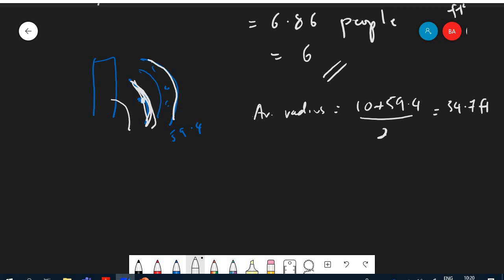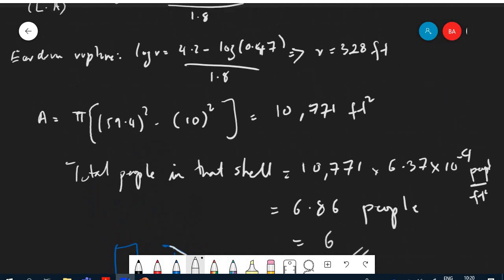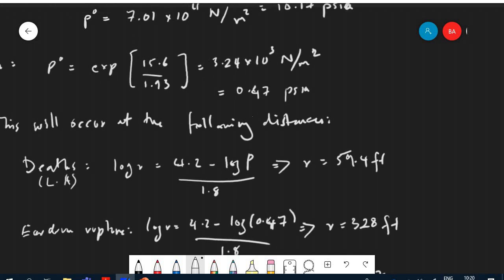Just for the sake of calculation, so if my average overpressure is equal to 28.1 psia, and I don't know if you can recall what was the overall pressure that we had here.